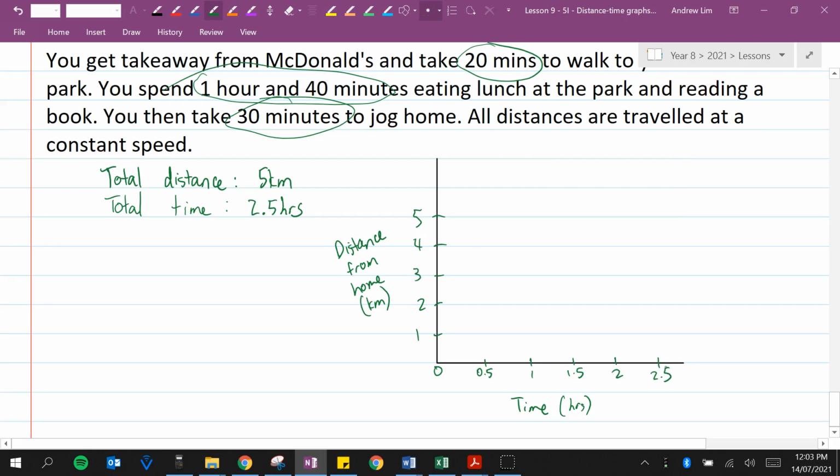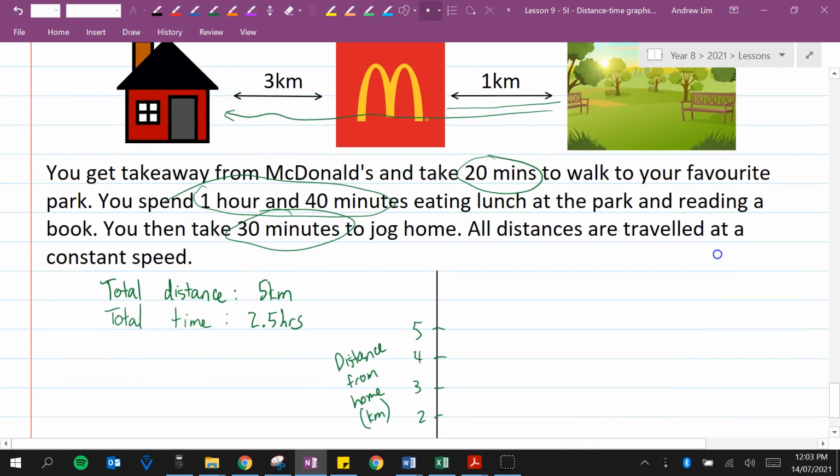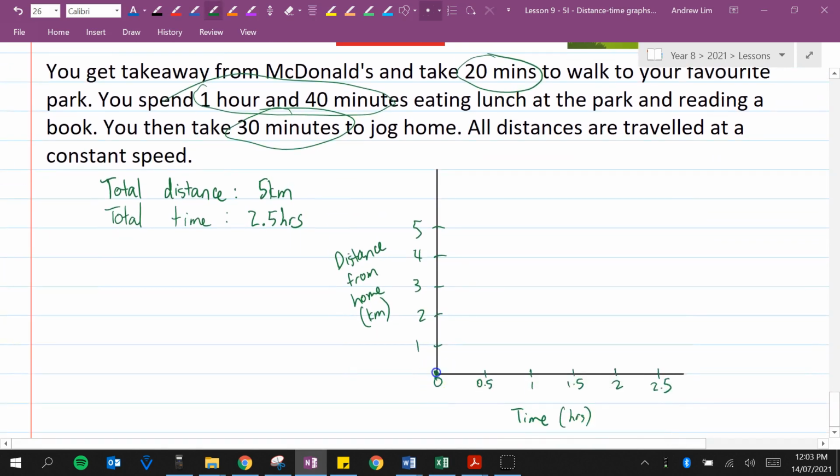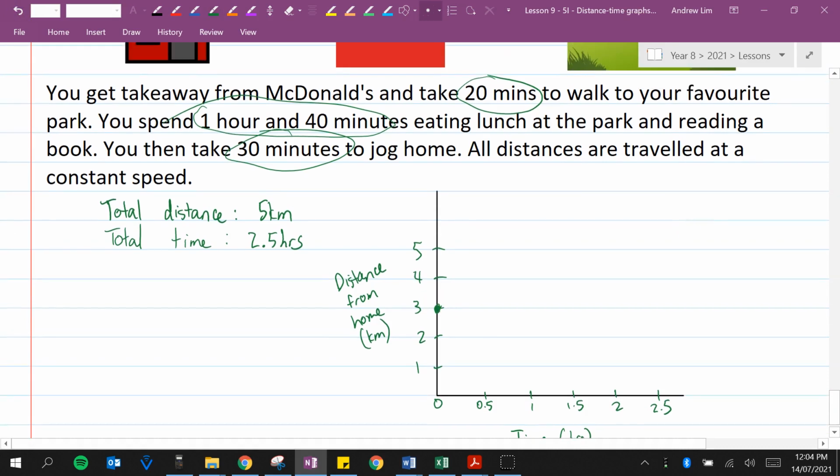You get takeaway from McDonald's. So we're starting at Macca's, which is actually 3 kilometers away from your house. We're not starting down here. If we started down here, we're starting from home. We're actually leaving McDonald's. Okay, so we're going to put our dot up there. It takes 20 minutes to walk to our favorite park.